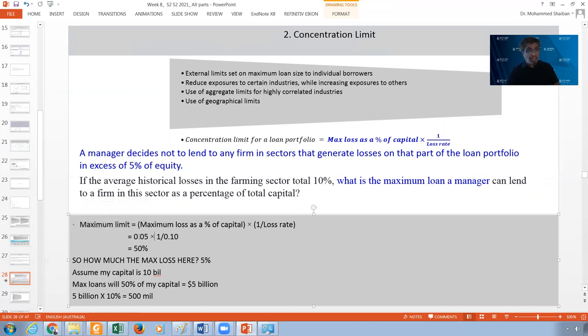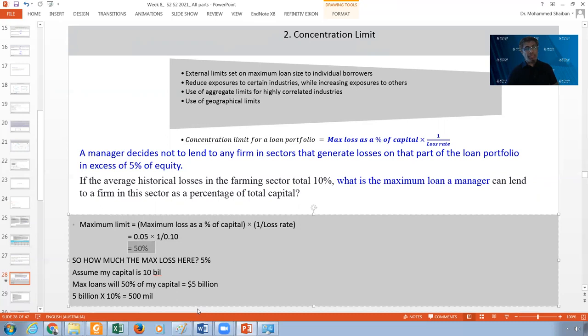If I apply this, the maximum limit is the maximum loss as a percentage of my capital, which is 5%, times 1 over the loss rate, which is 10%, which means now it's 50%.